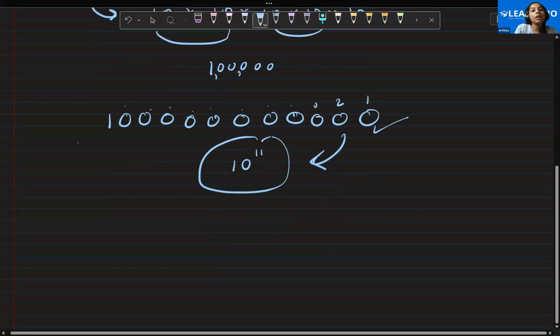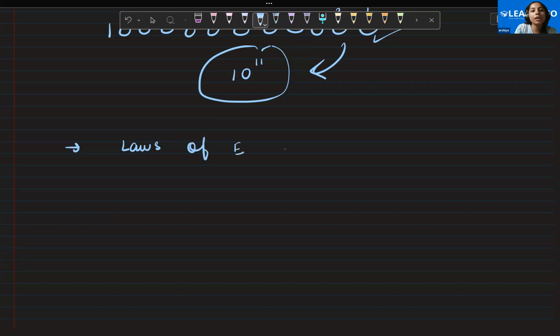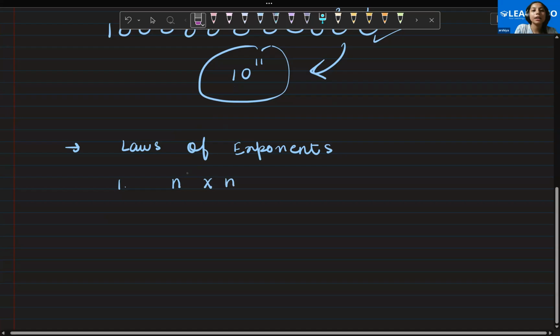Now we have a few laws for exponents. So laws of exponents. Basically, how we are going to deal with these numbers, exponents. First of all, let's say I have a raised to the power of n, wait, not n, let's take a and b.